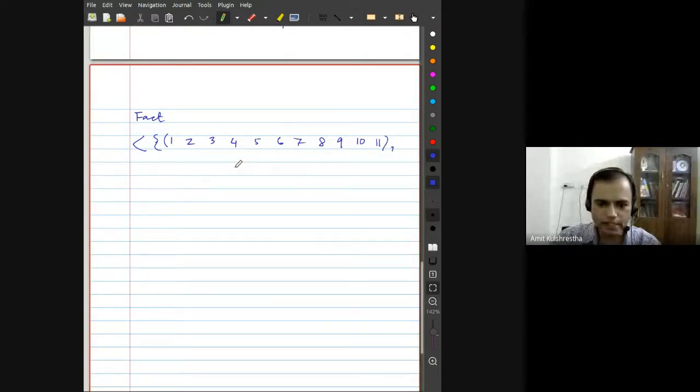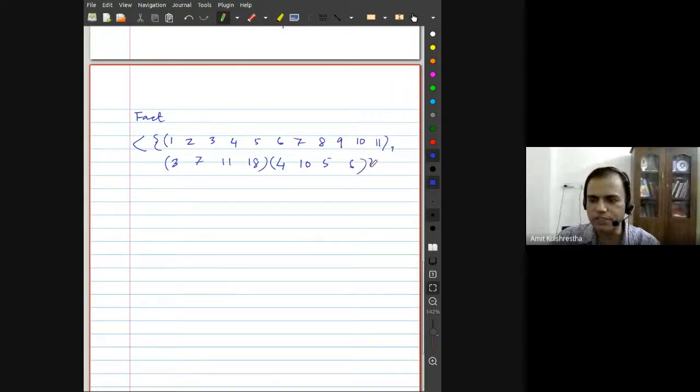That is one element, and another element you take (3 7 11 8) and you multiply it with another 4-cycle, which is (4 10 5 6). So I'm not giving you any insight, but some information. The fact is that the group generated by these two inside S11 surjects onto M11. And that may help you to just see it as a quotient, maybe.